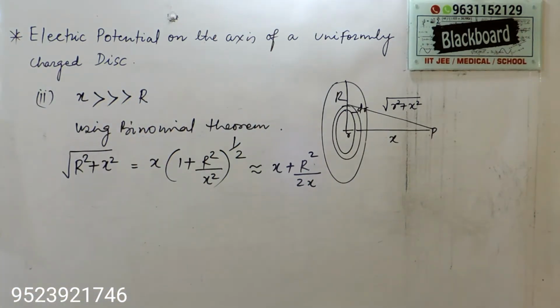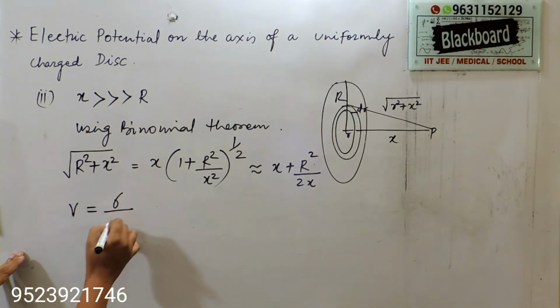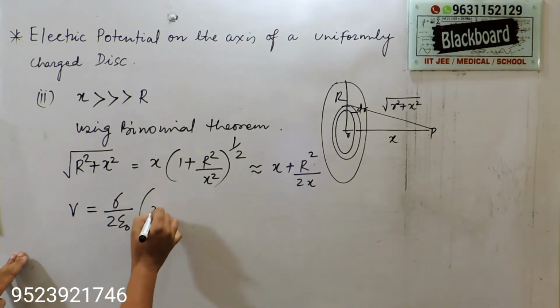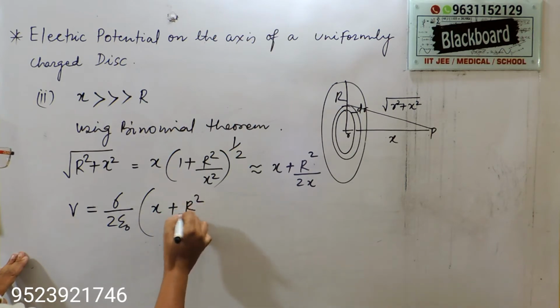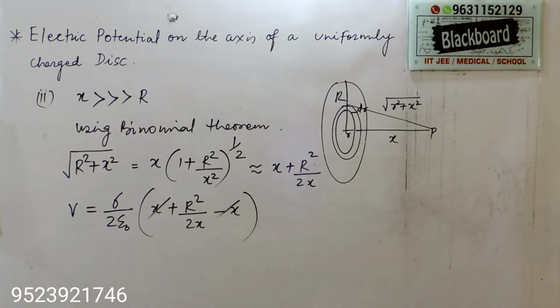That means your potential will be V equals sigma by 2 epsilon naught, x plus r square by 2x minus x, and the x term will be cancelled out.